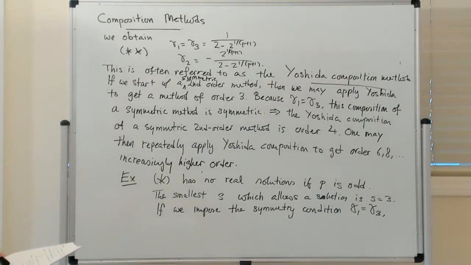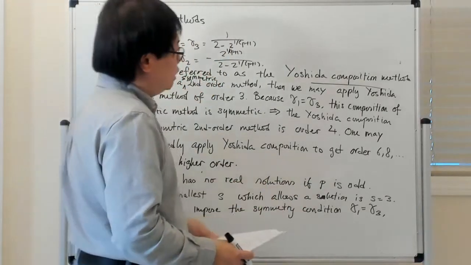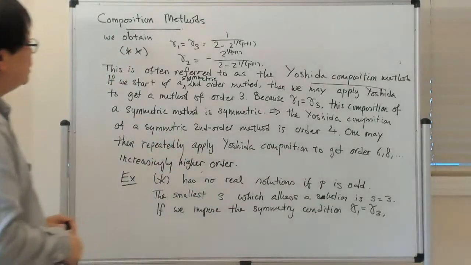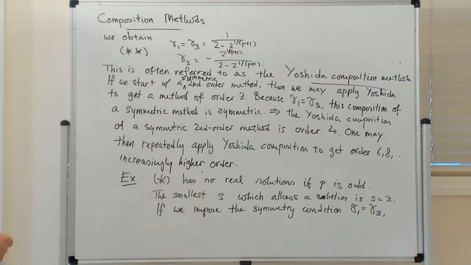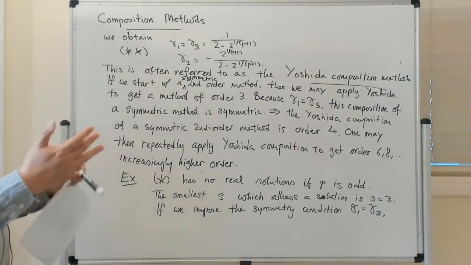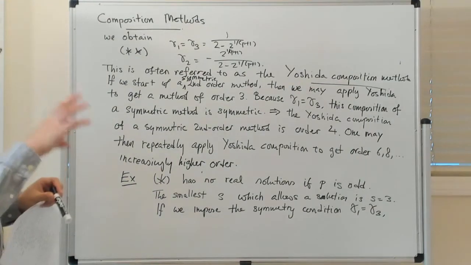All right. So you might ask, is there something you can do with composition methods where you're no longer restricted to the case where p is even? As it turns out, you can do compositions not just with the underlying method, but with its adjoint. If you recall, we had a theorem about the leading order error term of the adjoint method in terms of the leading order error term of the original method, with a 1 minus 1 to the p power in that coefficient.